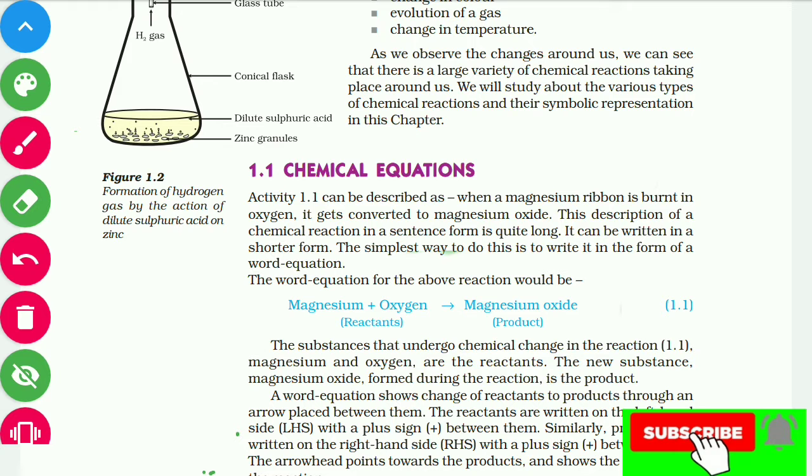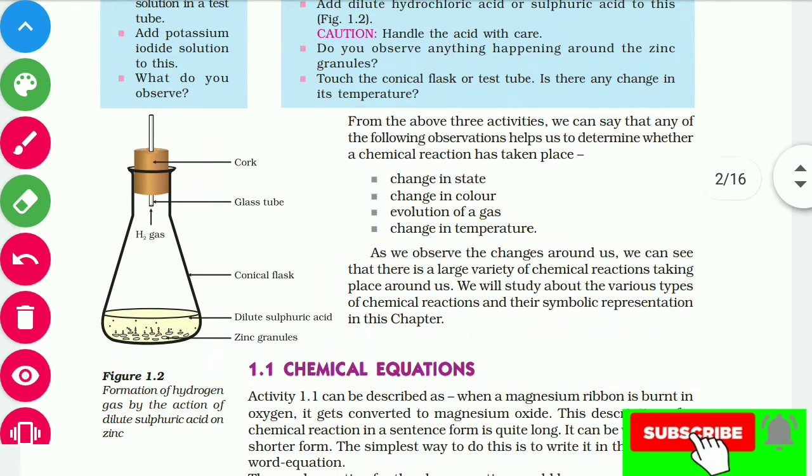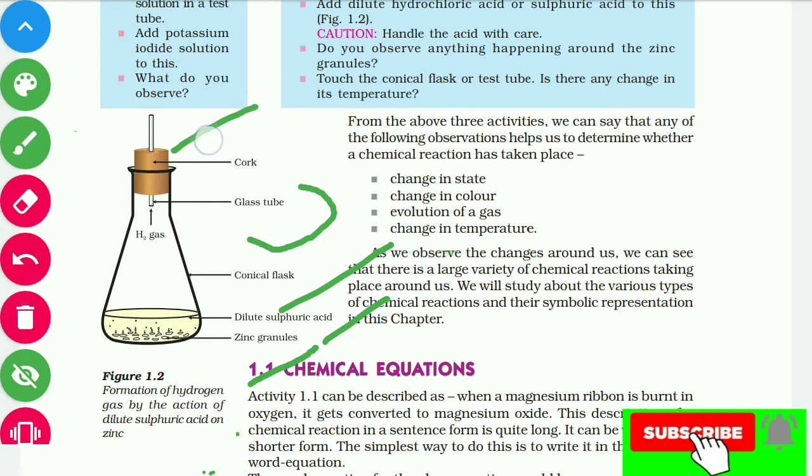Next, you can see the next activity. Dilute sulfuric acid and zinc granules, meaning zinc in small pieces, have been taken. This is not a beaker, this is a conical flask, and there is a glass tube and this is called a cork.